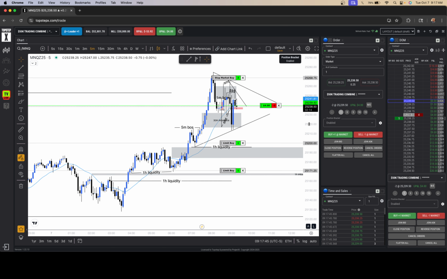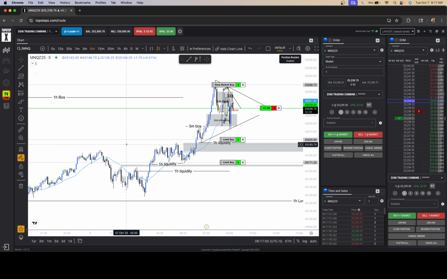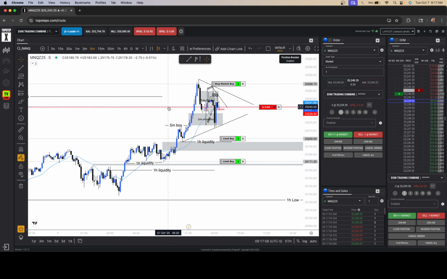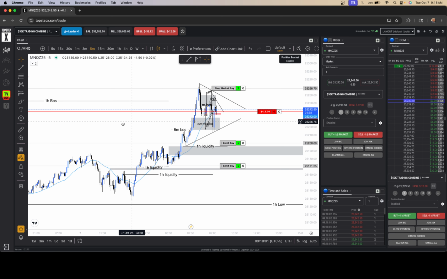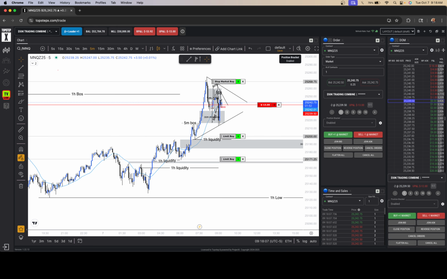But you can see all of the liquidity just stacked up to the downside. But the thing is, we're not pushing down strong enough to really get to it. It also looks like we have another SMT at the lows of ES and NQ.